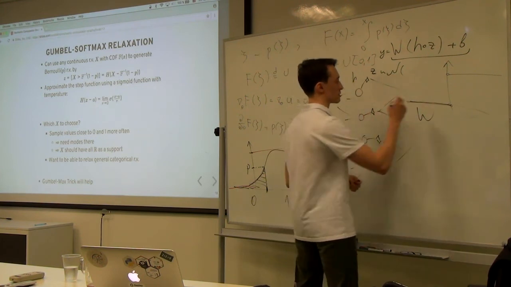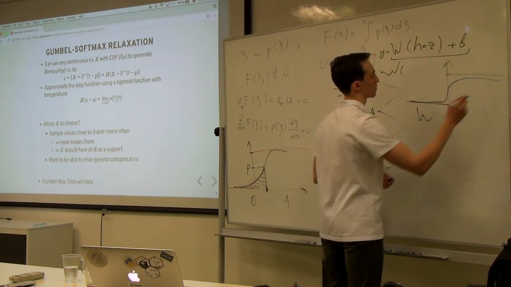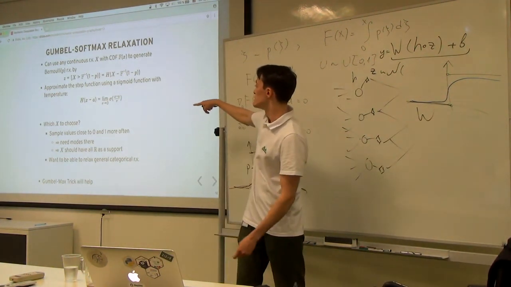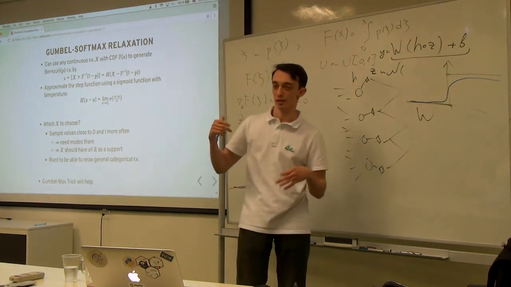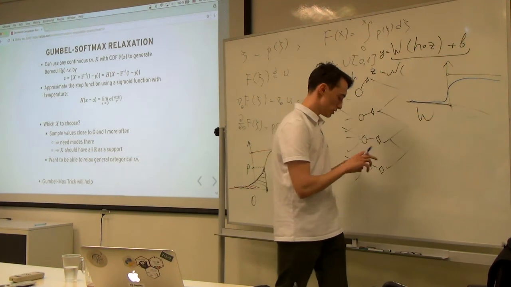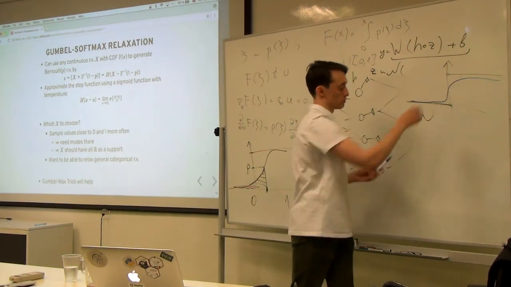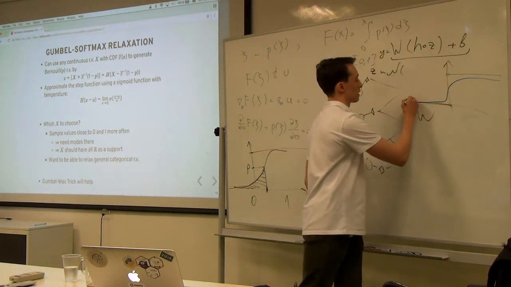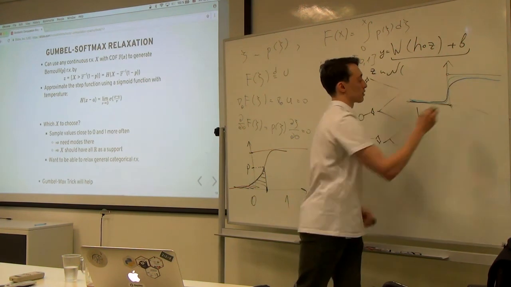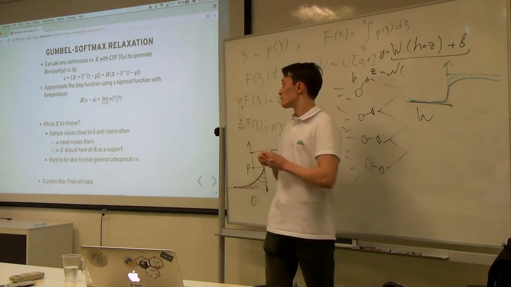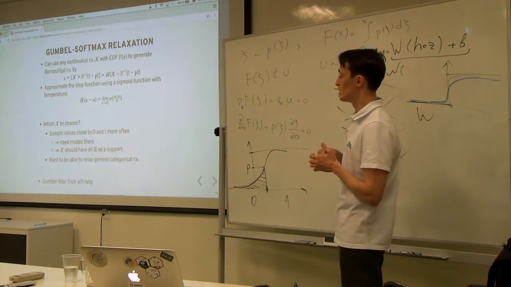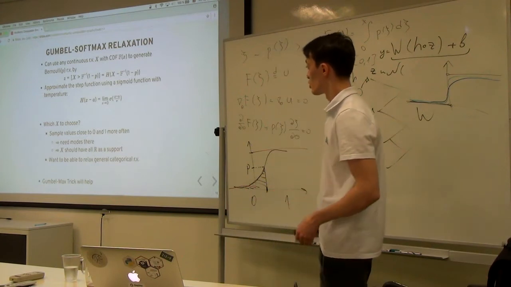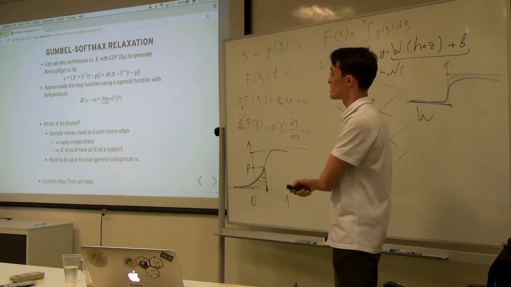But we know that there is a continuous function that looks like this, the sigmoid, and if we multiply the argument of a sigmoid by some scaling factor, that would influence the steepness of the sigmoid. So by controlling the scaling factor, you can make the sigmoid look more like a step function. Actually, in the limit of infinite scaling factor, you will recover precisely the step function H. That's what this formula says.